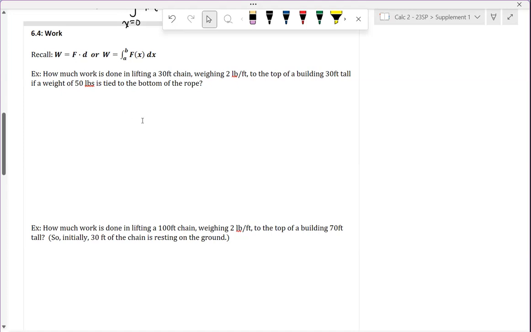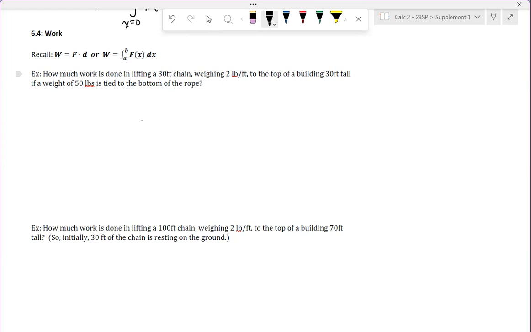And we remember that the key was to think of the rope as a whole bunch of little small segments of rope over which essentially the force and the distance that we have to move that segment is constant. So we can just say that segment weighs a certain amount and it needs to be moved a certain distance. We can add all those up, we can take a limit, make it an integral, and so on. So that was how we approached this before.